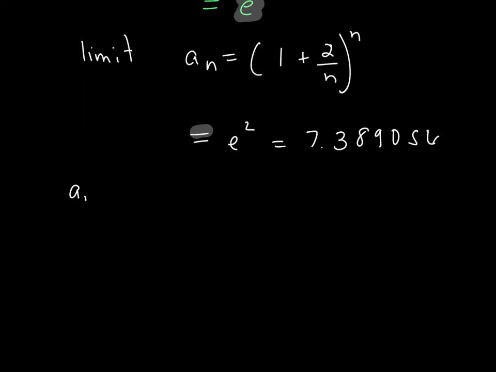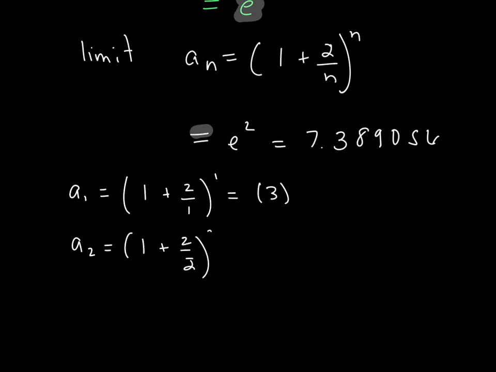So if I have a_1, a_1 just means I'm substituting 1 back in for n. That will give me 1 plus 2 over 1 raised to the 1, which just gives me 3. The second term is going to be 1 plus 2 over 2 squared, and that's just going to leave me with 2 to the second power, or 4.